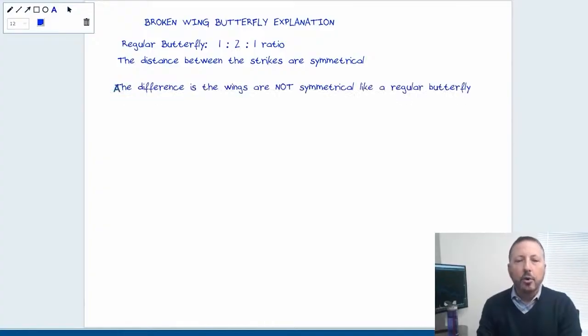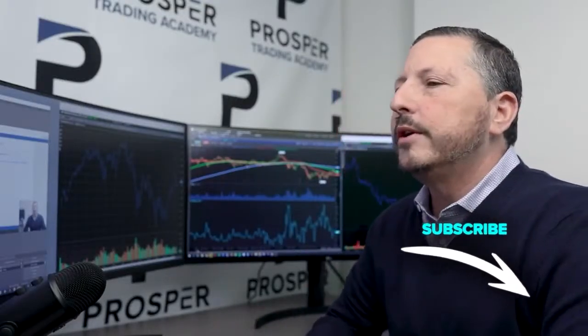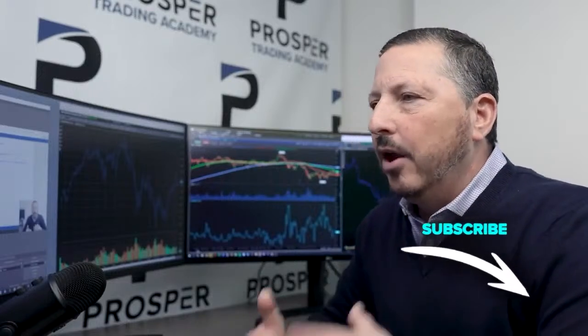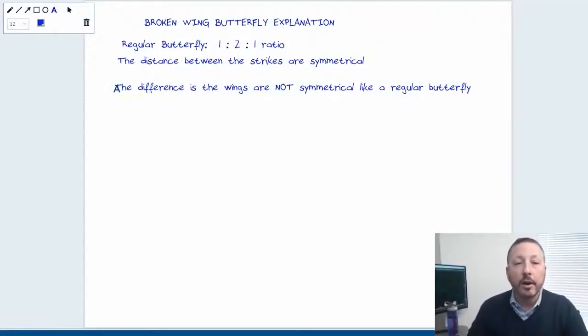It's still a 1 to 2 to 1 ratio because we still always want to lock in and know that we have our maximum risk defined. So we still need an equal number of long options and short options. But in a broken wing, what we look to do is skew the position directionally a little bit more.